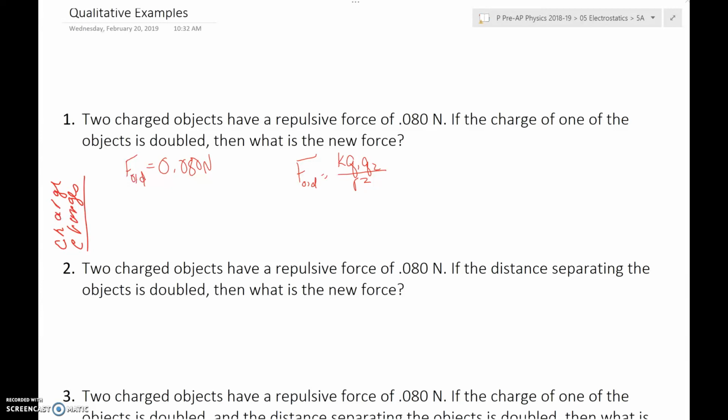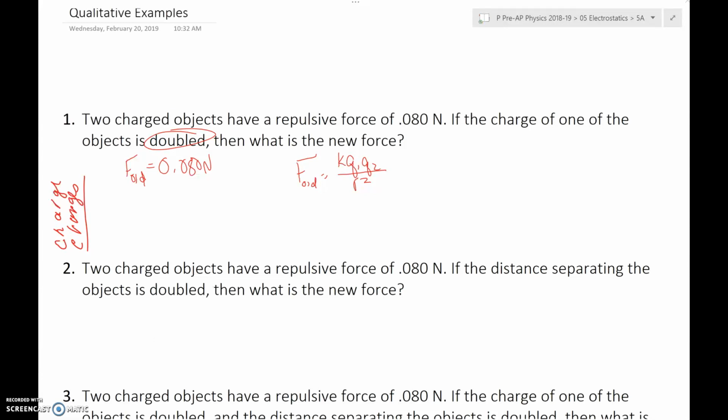All right? So how we're going to find out what this is if it doubles is like this. Everything that doesn't change, we're just going to write down a 1. We're only going to put a number in for the thing that changes. Do I need to make it bigger?